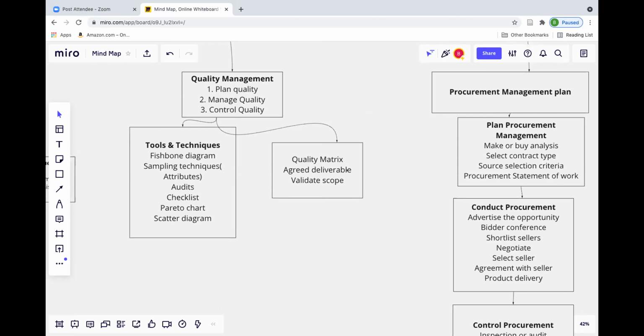Then scope is validated and controlled. In short, the scope baseline includes the project scope statement, WBS dictionary, and work package.